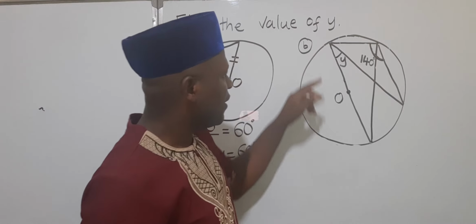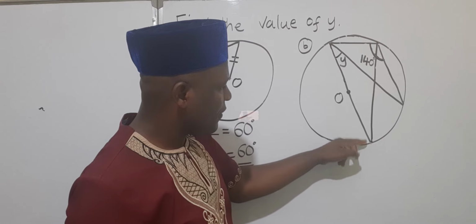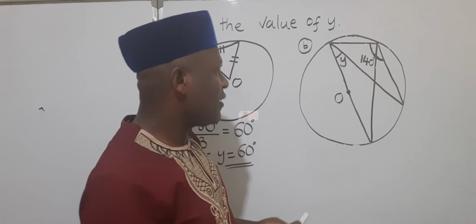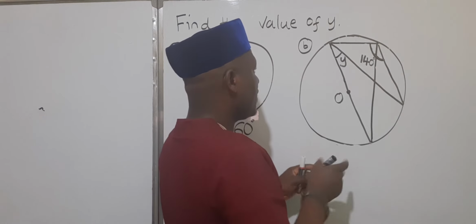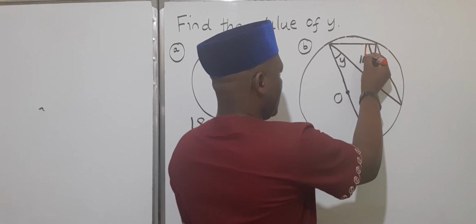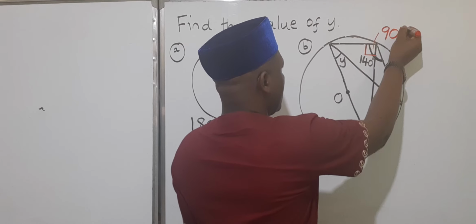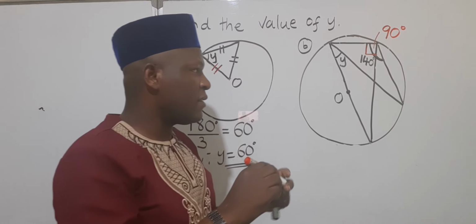Here, this line is a diameter. And if this is a diameter, it means that this angle here is 90 degrees. Why 90 degrees?